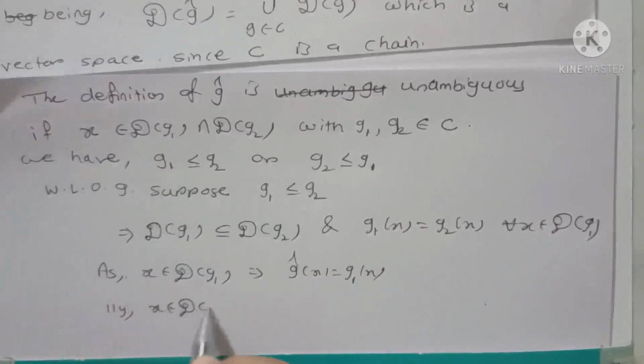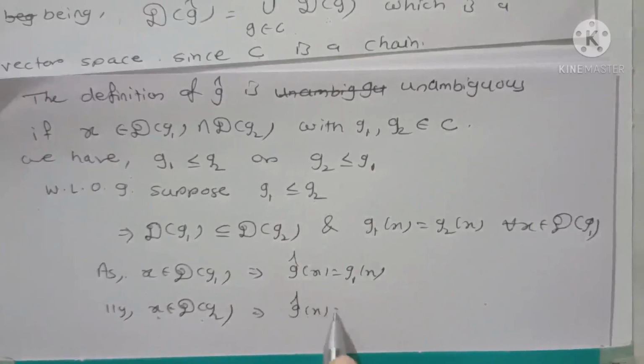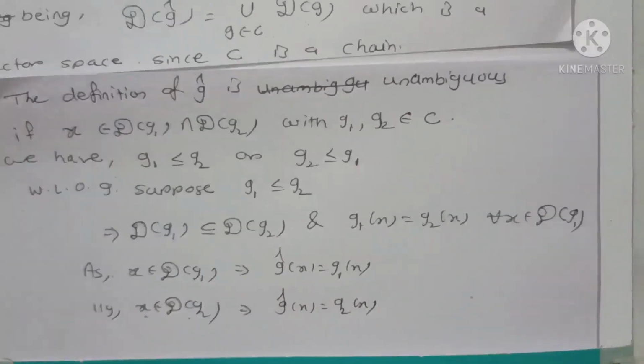Similarly, x belongs to the domain of g2. This implies that g cap of x equals g2 of x. As here, when x belongs to the domain of g2, it implies that g cap of x equals g2 of x.